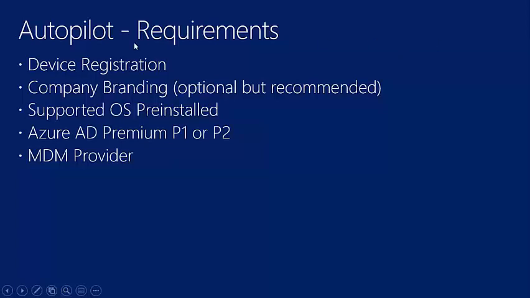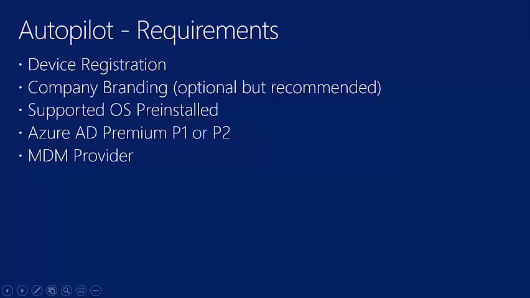Another requirement is that the supported operating system must be pre-installed. So devices must have Windows 10 1703 or later. Now, you probably want to be later than that because of some different things that come to bear as we go forward.